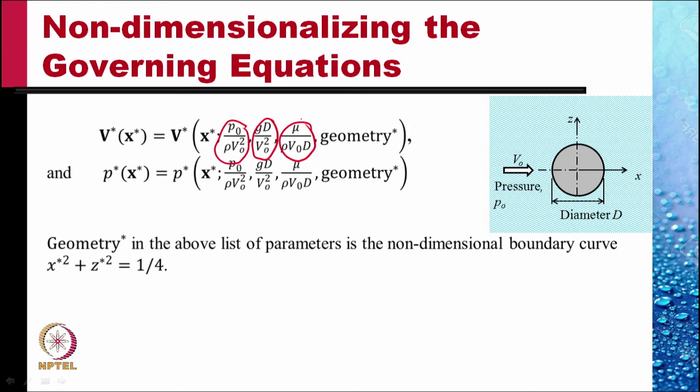Now the values of P naught and V naught could change, but if they change in such a fashion that P naught by rho V naught square remains constant, and these 3 groups remain the same, then the 2 experiments are the same. They will give the same non-dimensional solution V star as a function of X star. Similarly for pressure. These 3 groups are termed pi numbers.